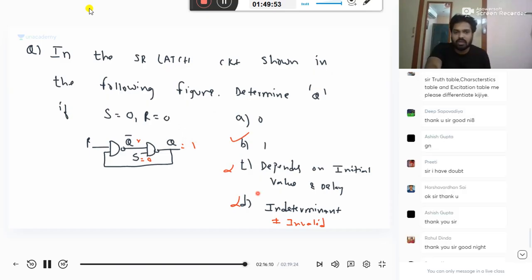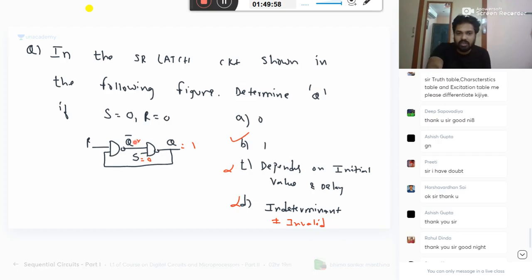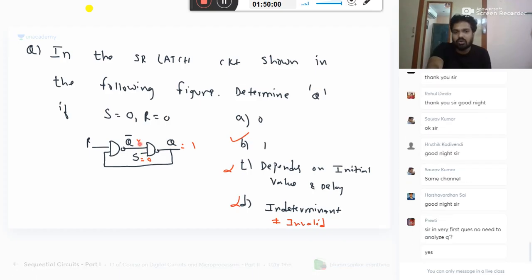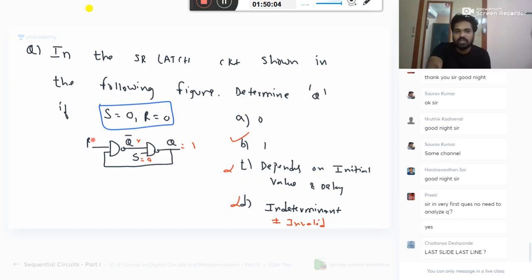Why analyze Q here? 0, don't care. If one of the inputs is 0, you need not worry. Whatever the value here, 0 into anything is 0, and the whole bar is 1. Here S equals 0, R equals 0. If this input is 0, the second input doesn't matter for us. Is it clear, Priti?